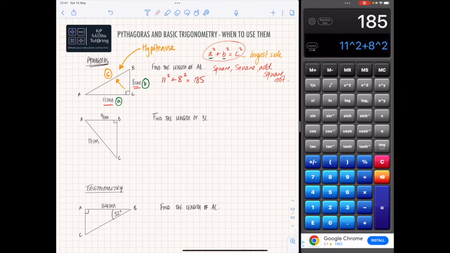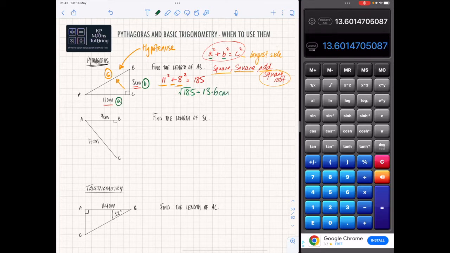For those of you that aren't happy with the formula and want to think about it in a repetitive way that you can remember: square, square, add them together, and then this last step of square root. All you need to do is take the square root of that 185. So I press my square root button, 185, close my bracket, press equals.